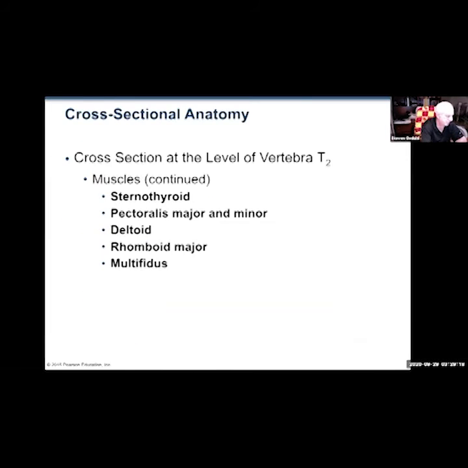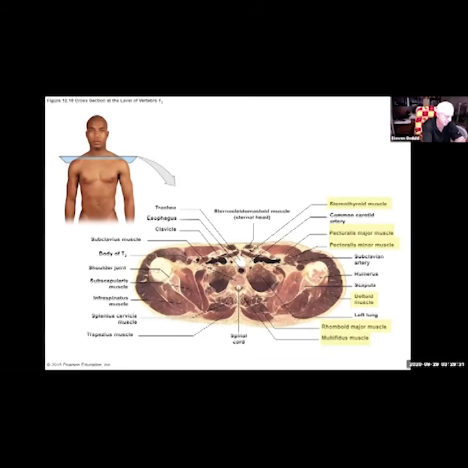And crossing at T2: the sternothyroid muscles, pectoralis major and minor muscles, the deltoid, rhomboid muscle, and the multifidus muscles. Again, your sternocleidomastoid muscle, as it runs down, you see it right there. You have a pectoralis major and pectoralis minor.